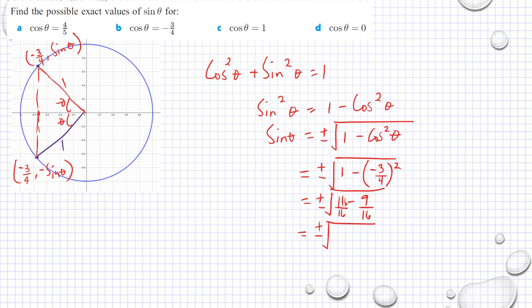That is 7/16. So we have positive negative square root of 7/16. So our sine theta there is square root of 7, over, sorry, not 16, that's 4. That's 4.